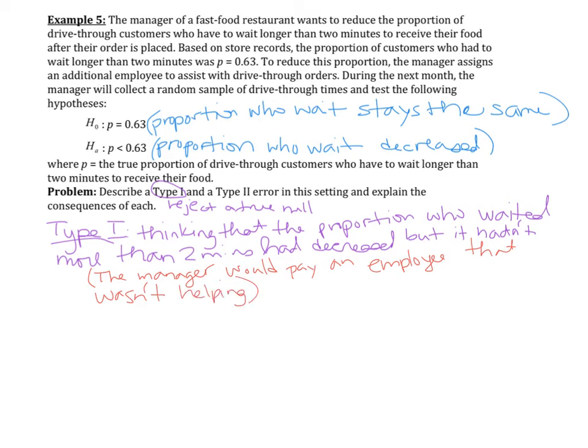It's up to you which of the two errors you think is worse. Sometimes you'll be asked, like, which error do you think is worse? As long as you back up your response, it's usually okay. So the type 2 error, remember, is when you fail to reject a false null.